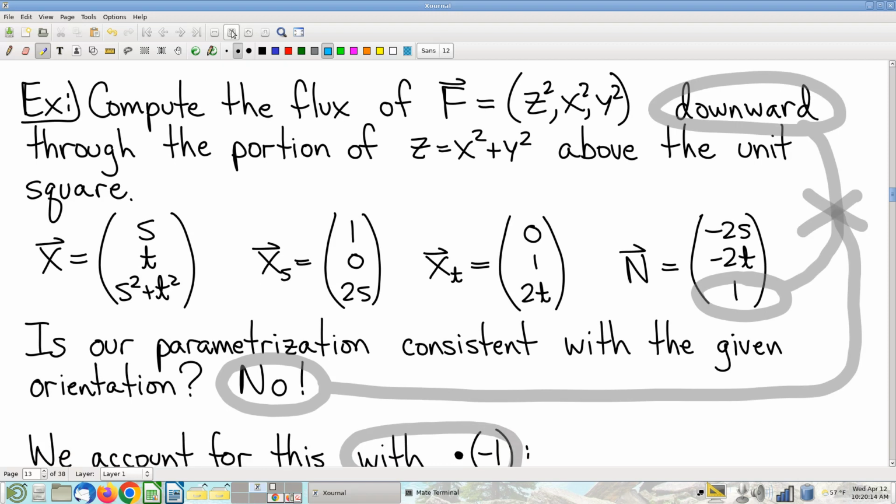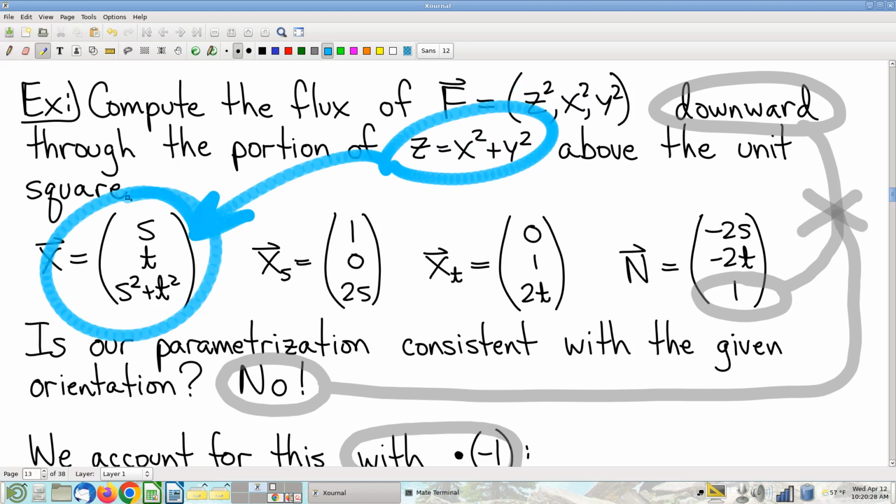So we're going to reconsider almost exactly the same example that we looked at previously. Same vector field, same surface, and so because it's the same surface, we're going to use the same parameterization. Graph parameterization, right? It's an easy choice to make. You gotta love it. It's very convenient to do.